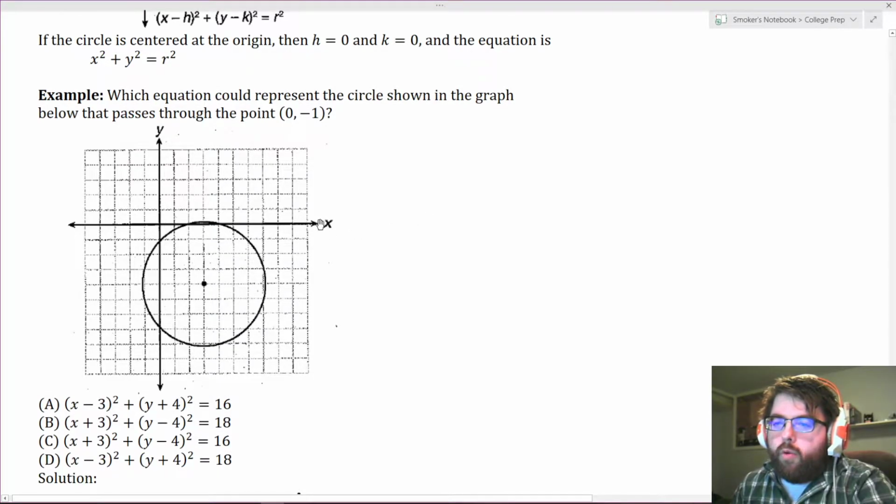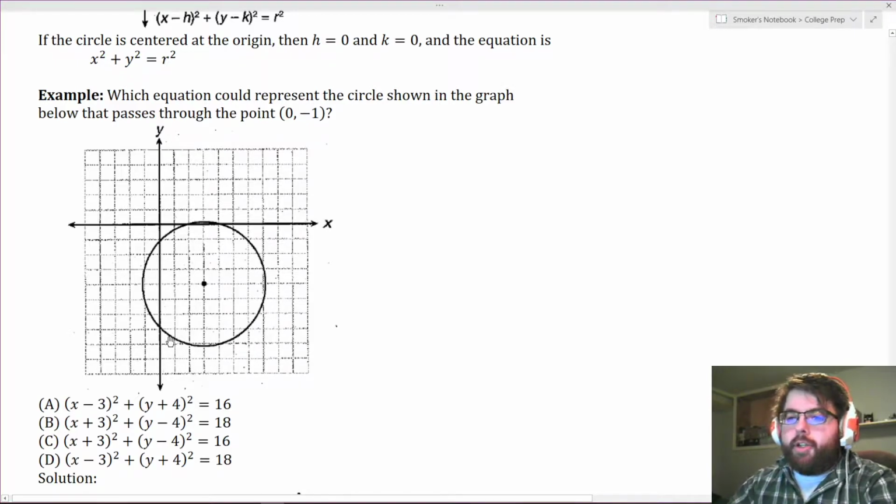The x-axis is horizontal, the y-axis is vertical, and the ordered pair is always x first and then y. So 0 means you stay at the origin, and negative 1 means you go down 1. So we have this point here. Which of these could represent this circle? That's the question.